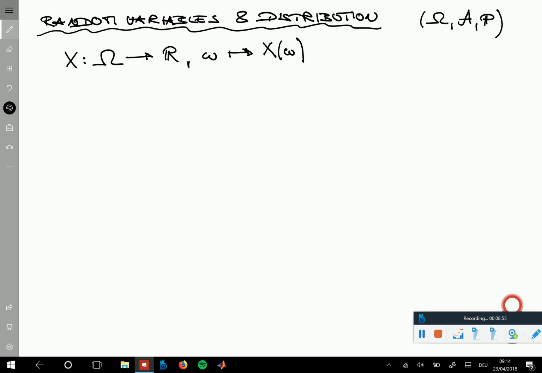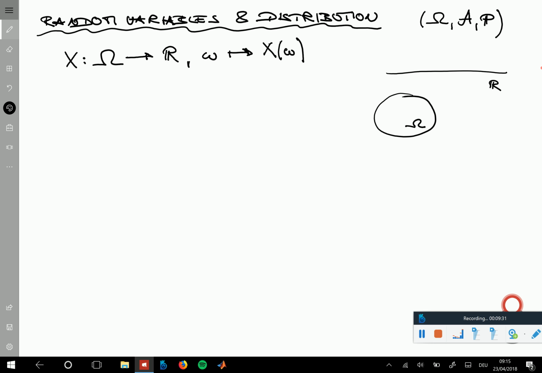If you can't help but visualize things, I'm not convinced that visualization always helps, but sometimes it helps. If you can't help visualizing this notion of a random variable, you can think of it like this: you have some elementary outcome space omega here, for example the discrete set that we just saw, the numbers 1, 2, 3, 4, 5, 6, or something else like the real numbers, any set.